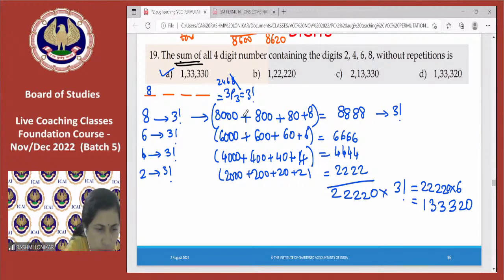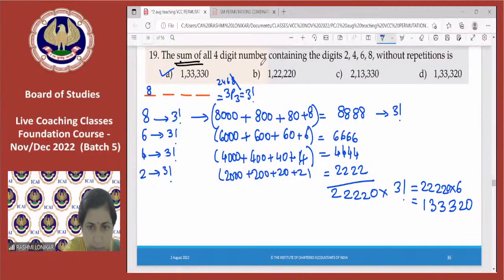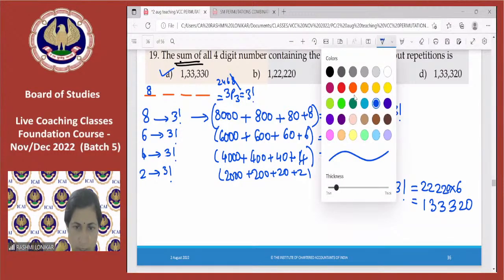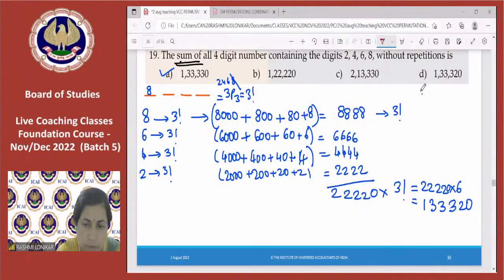Okay, let me show you for 8, just as an example. Suppose I fix 8 in the thousand place. What will be the options I have? 8, 2, 4, 6. Okay, this is one number. Then 8, I can have 4, 6, 2. I can have 8, 6, 2, 4.